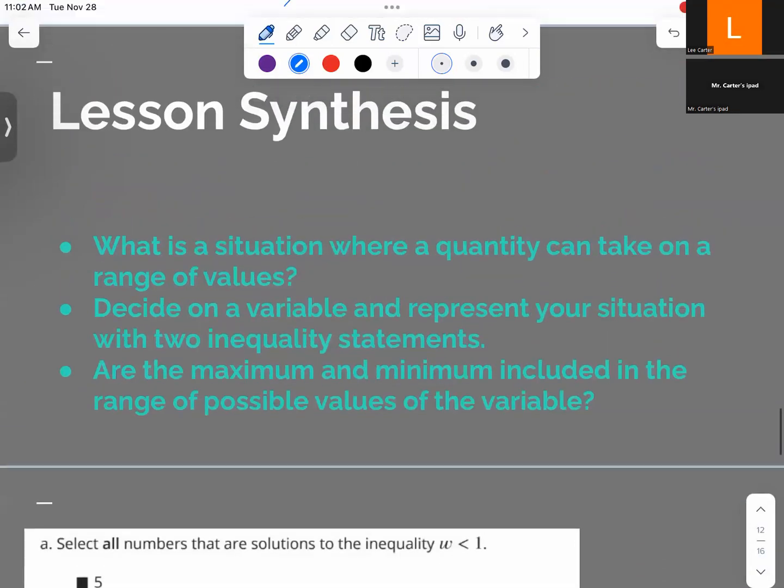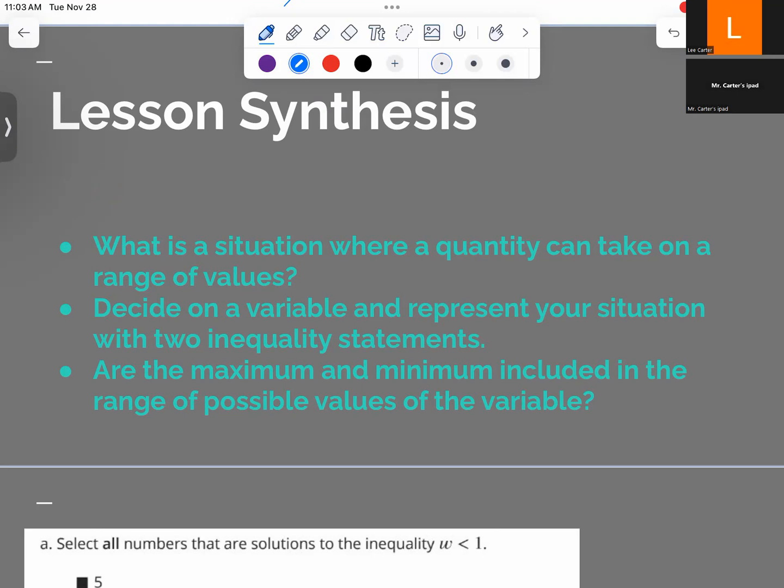All right. So the synthesis question here, what it's asking is where a quantity can take on a range of values, would be things like, if you are on a playground, or certain ages that you can be to be in a certain program or things like this, right?